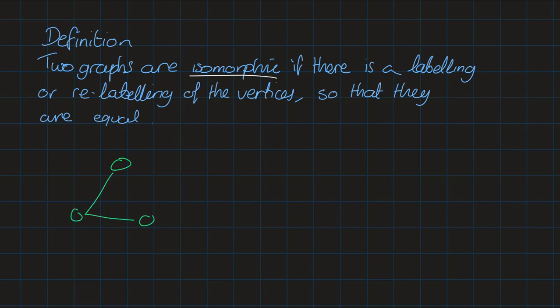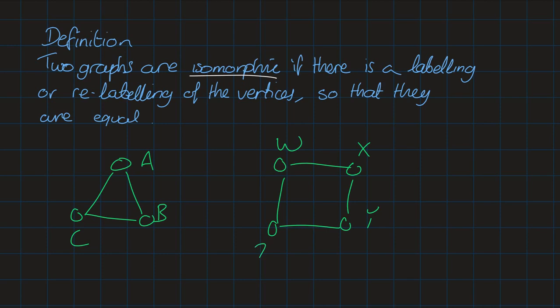A really simple example: if I label this A, B, C, and I label this one W, X, Y, Z, there's no way you can relabel the triangle to make it the square, right? You could try to cross out A and label it X, Y, Z, but you're still missing a W. So these two graphs here are not isomorphic.